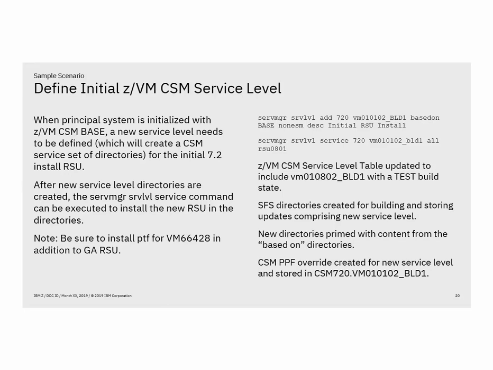Then the name of the service level that this service is being installed into. And then the last two arguments are what you would normally include with the SERVICE exec: SERVICE ALL, and the name of the envelope file is RSU0801. I have to have access to that envelope file from MAINT CSM, which is where I'm running this command.